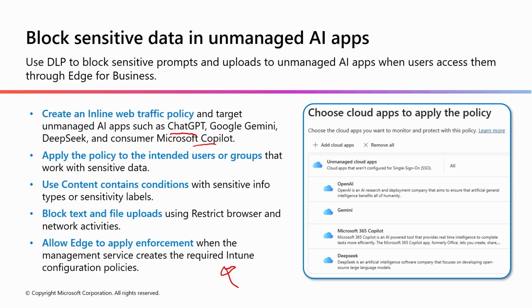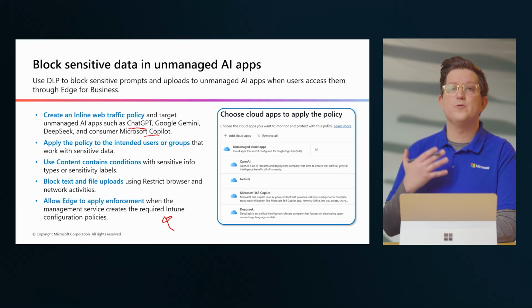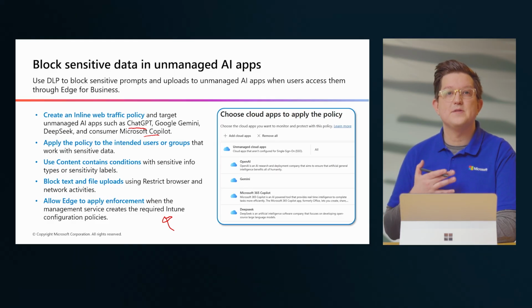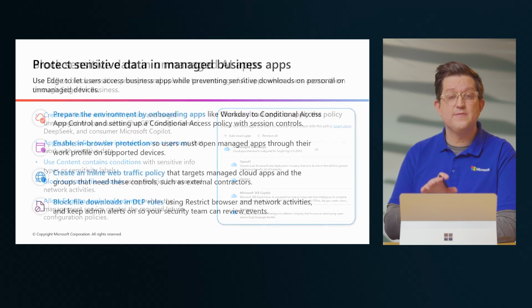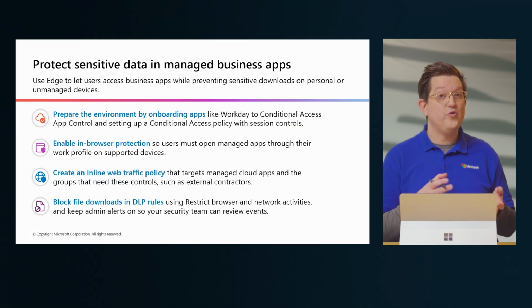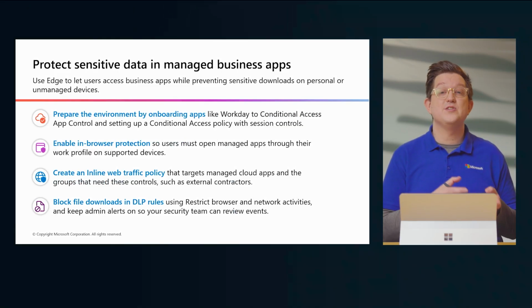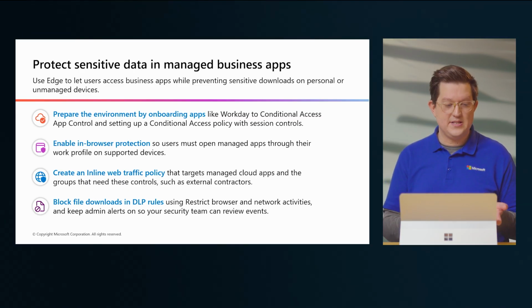This is an extremely good game changer for me because it really lowers the bar to having businesses being able to protect their sensitive data when we actually go through and move into the unsanctioned app space. But having said that, if you want to instead focus on sanctioned apps, this gives you a mechanism to control sensitivity with sanctioned applications in the cloud, even on a personal or unmanaged device.